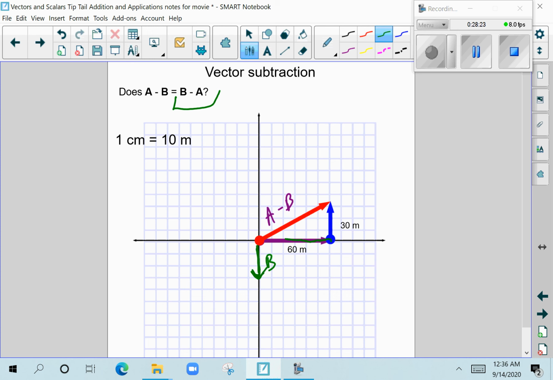So if I draw this out here, this would be the opposite of what A is, drawing that at the tip of B. And I can now draw out my resultant, which would be going off right over here.